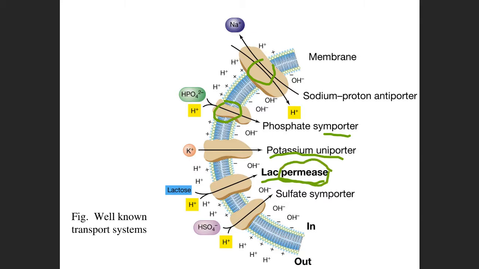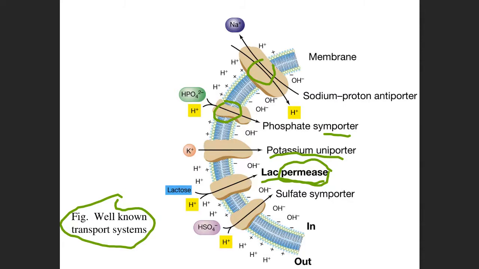A permease is an enzyme on the membrane that specifically brings in a particular molecule, and it tells you in the front. If it's a Lac permease, then this permease brings in lactose only. It doesn't bring in glucose. And then you have sulfate symport, and that brings in sulfate. Well, we do need sulfate for biomolecules. So these are the well-known transporter systems that we have.